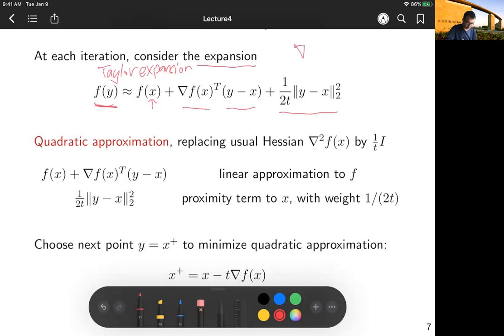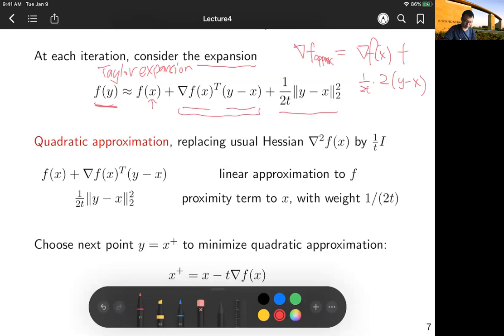The gradient of this f approximation is equal to the gradient of f of x, which is the gradient of the first term, and then the gradient of the second term ends up being, just by the chain rule, 1 over t multiplied with 2 multiplied with y minus x. So this will be the gradient of the quadratic approximation.